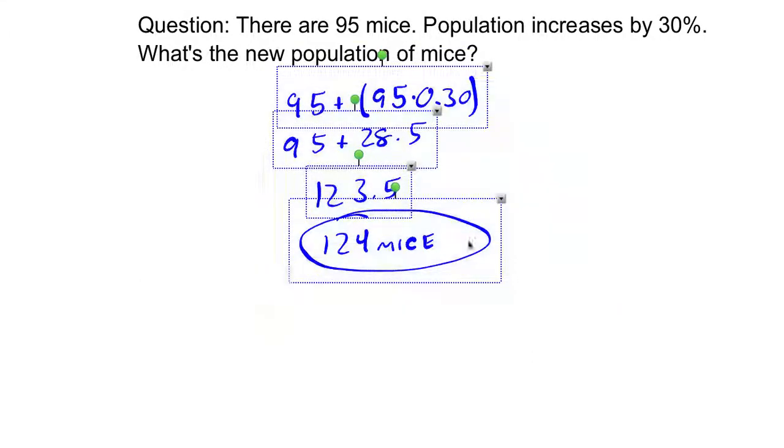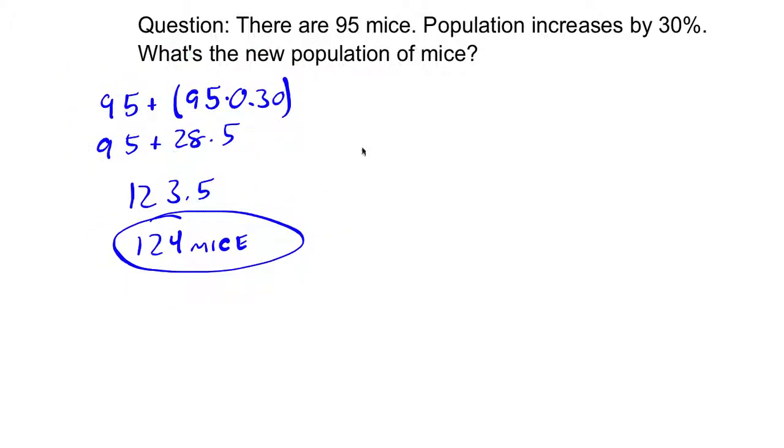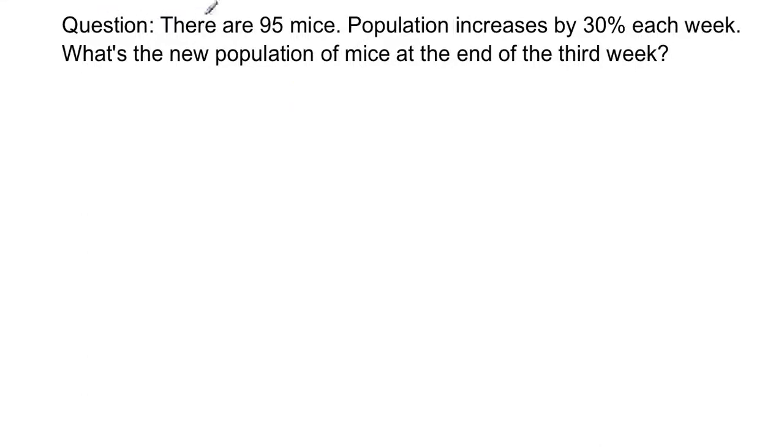That was nice, right? Just find 30%. And if you go to a store and there's a jacket that's 30% off, maybe you do a little math like this on your phone calculator and you can calculate the new price. That's simple. But what about if we ask for the population of the mice after 3 weeks? What about after 20 weeks?